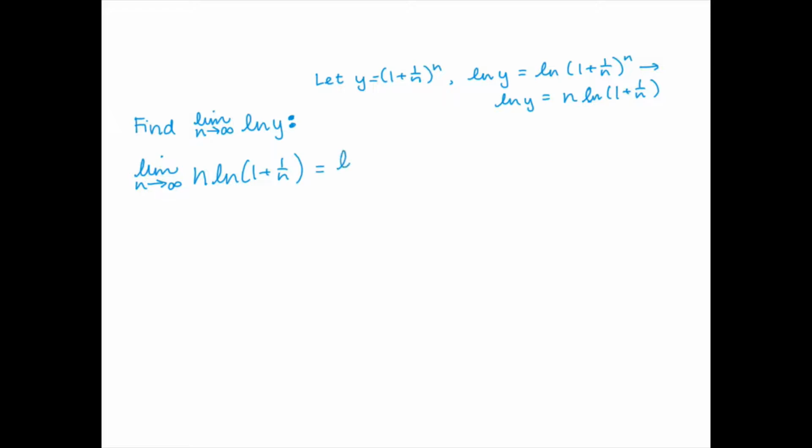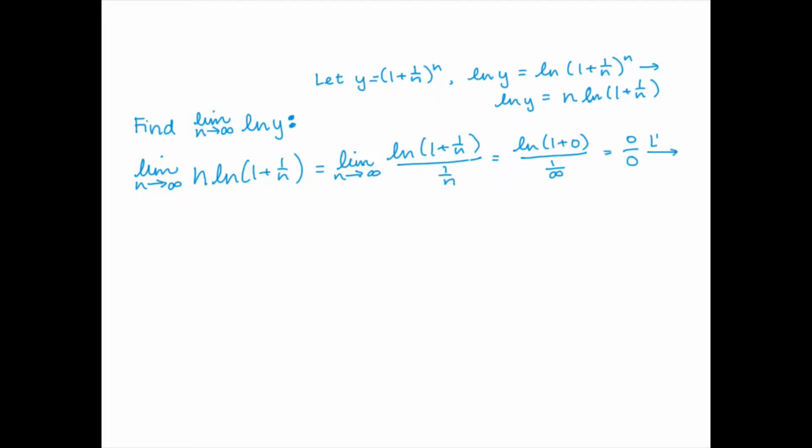I can rewrite this as the limit as n approaches infinity of the natural log of (1 plus 1 over n) over 1 over n. And now when you evaluate the limit, you get the natural log of 1 plus 0 over 1 over infinity, and this is 0 over 0.